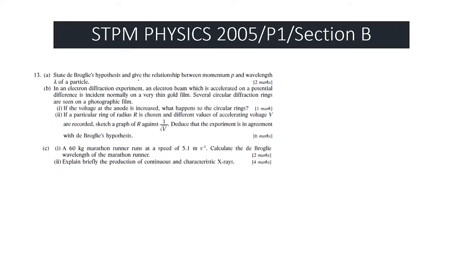State the de Broglie hypothesis and give a relationship between the momentum p and the wavelength lambda of a particle.